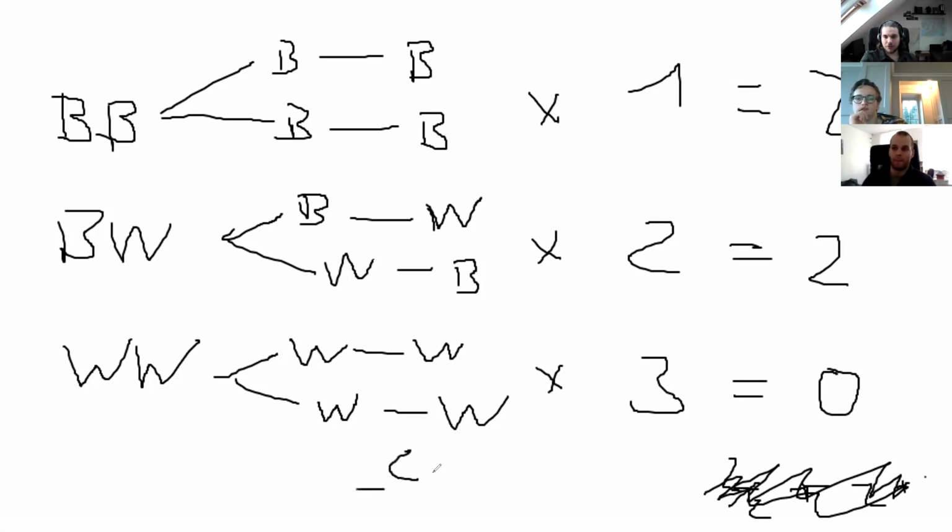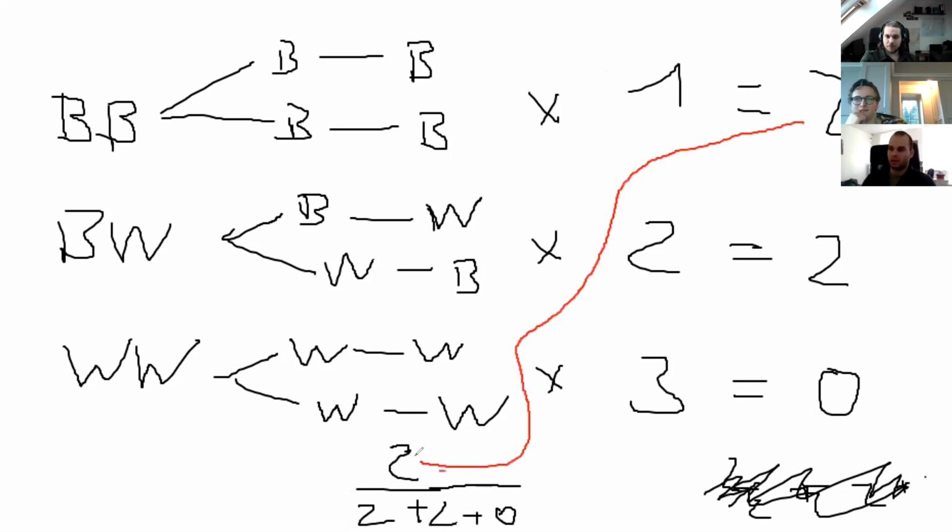So this is 2 divided by 2 plus 2, plus 0, because we're just adding the white card, or the likelihood for the white card, which is 0. And this is 2 divided by 4, which is 0.5. So the posterior probability for the black-black card is 0.5. Does that make sense? Perfect.